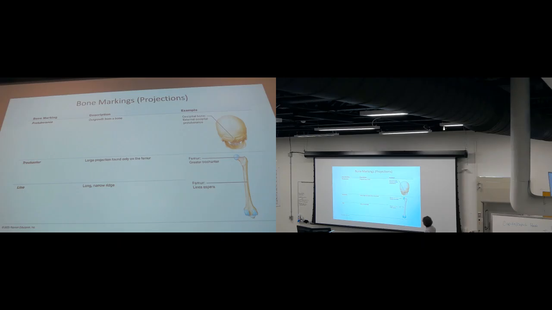So more projections. We have protuberances, which are outgrowths from a bone. We have few protuberances, and an example will be the external occipital protuberance in the occipital bone. So this is a posterior view of our skull. So this is the external occipital protuberance.